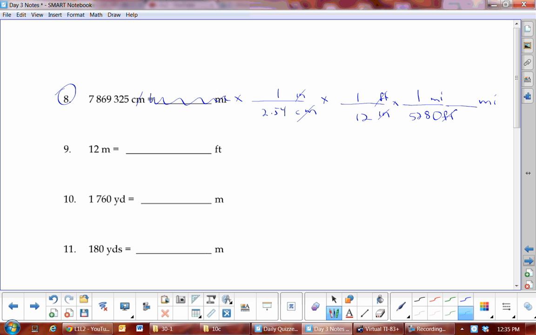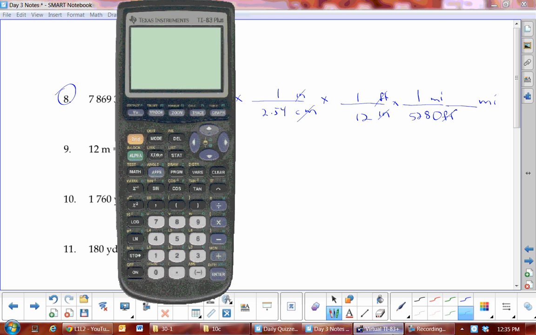Now, how would you put this one in? I'll show you. You would go 1 divided by, now you need to put a bracket. If you don't put a bracket with all this stuff, it'll just do 1 divided by 2.54 and it'll multiply all the other ones. Okay?